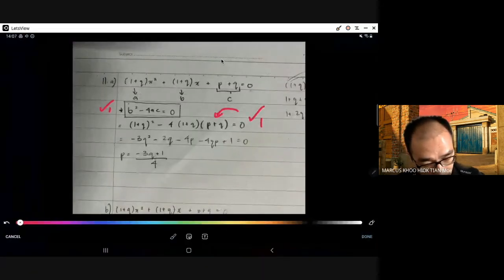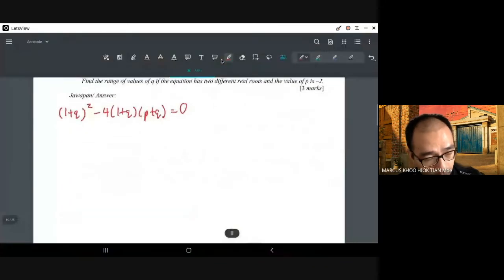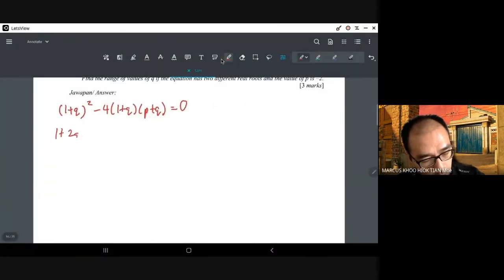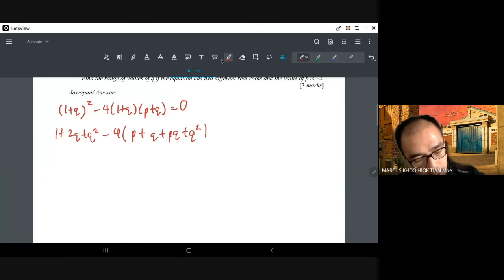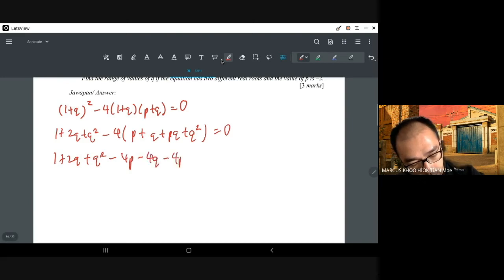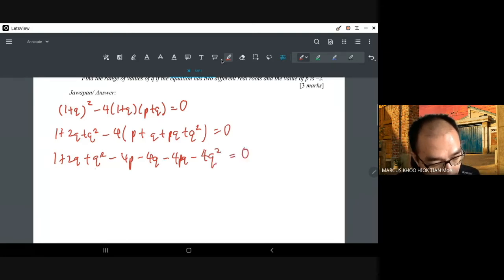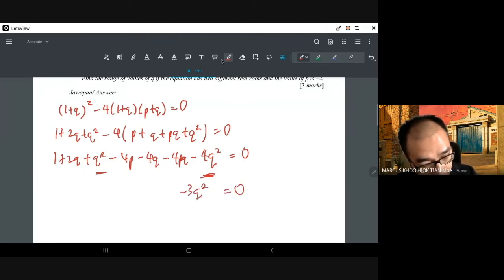Let me do it the long way. 1 plus 2q plus q squared minus 4 times p plus q plus pq plus q squared equals 0. So 1 plus 2q plus q squared minus 4p minus 4q minus 4pq minus 4q squared equals 0. The only ones we can combine are this and this, so this will give us minus 3q squared. Everything else is untouchable.